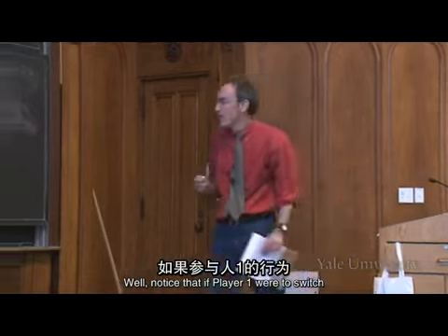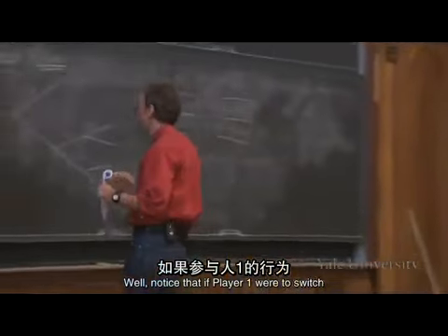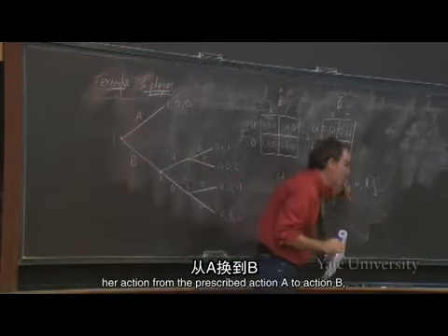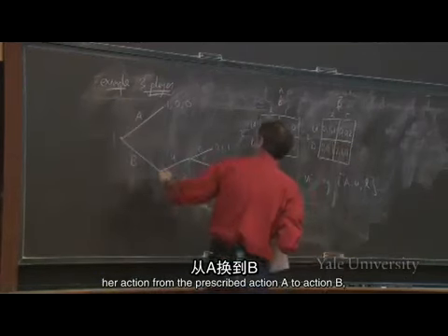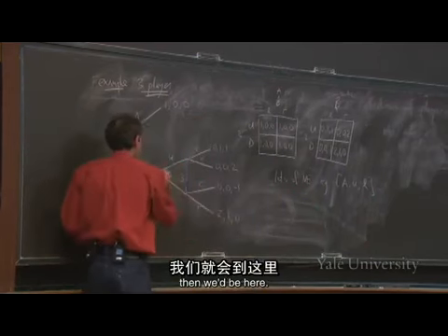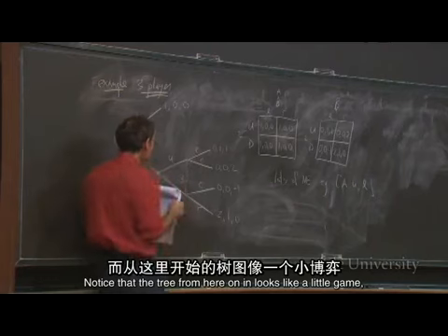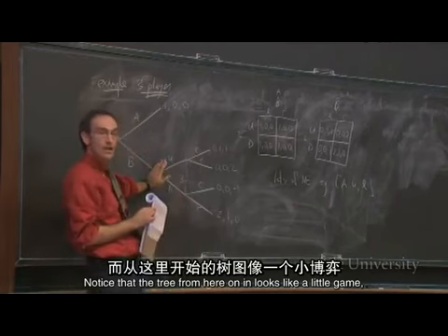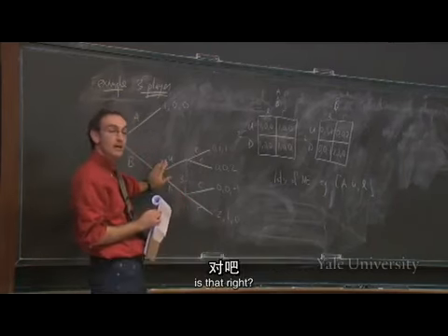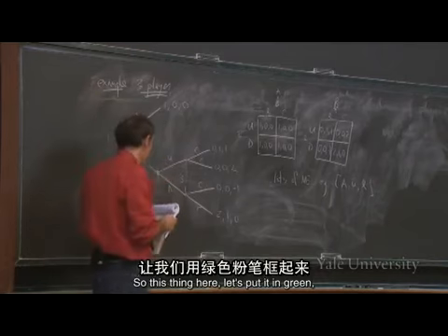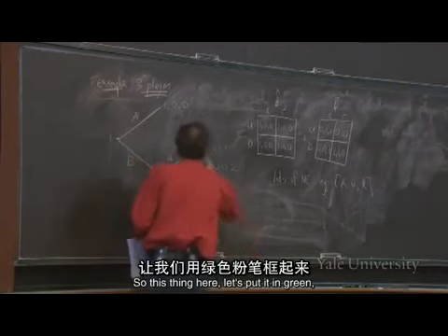Well, notice that if player 1 were to switch her action from the prescribed action A to action B, then we'd be here. And notice that the tree from here on in looks like a little game. Is that right? Let's put it in green.